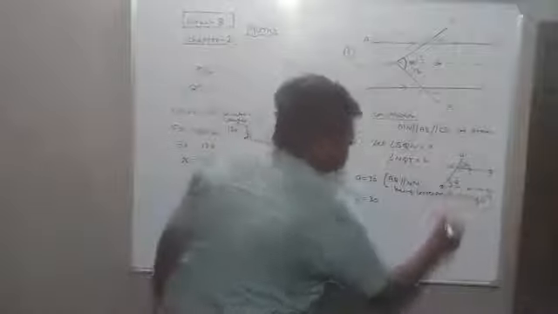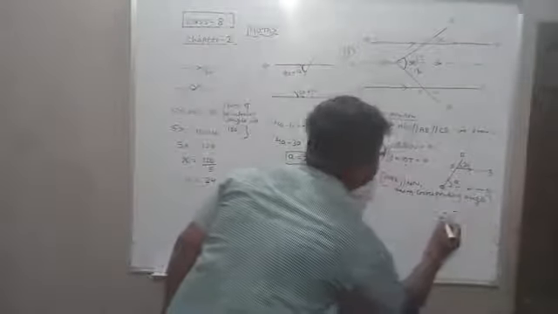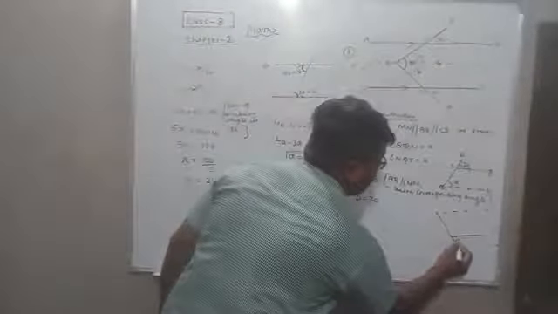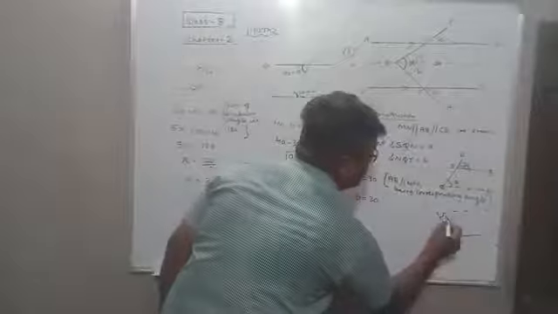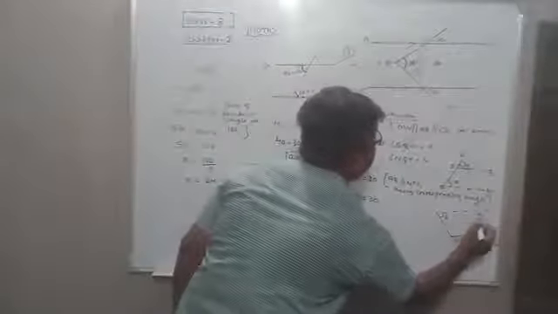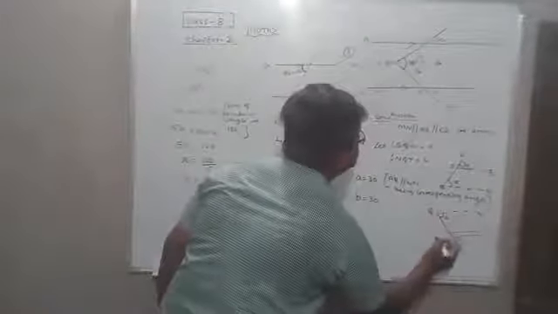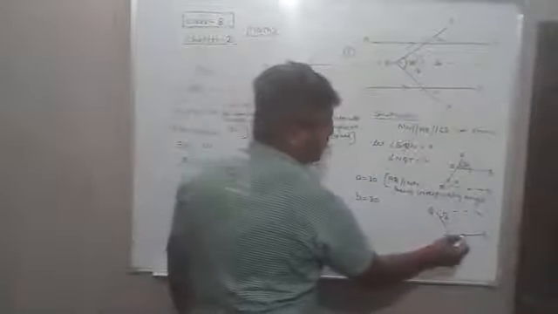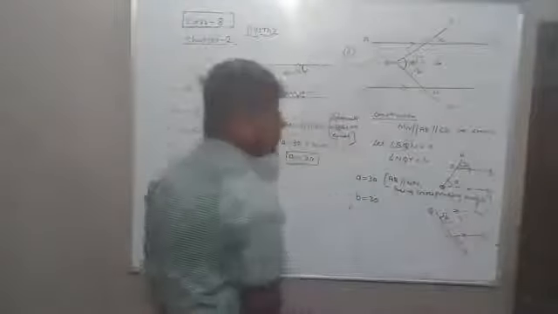So for b, you see this below portion here. This is your 30 degree and this is your b. Its name is NQT, DTR. Okay, so b is equal to 30 degree because these two lines are parallel.